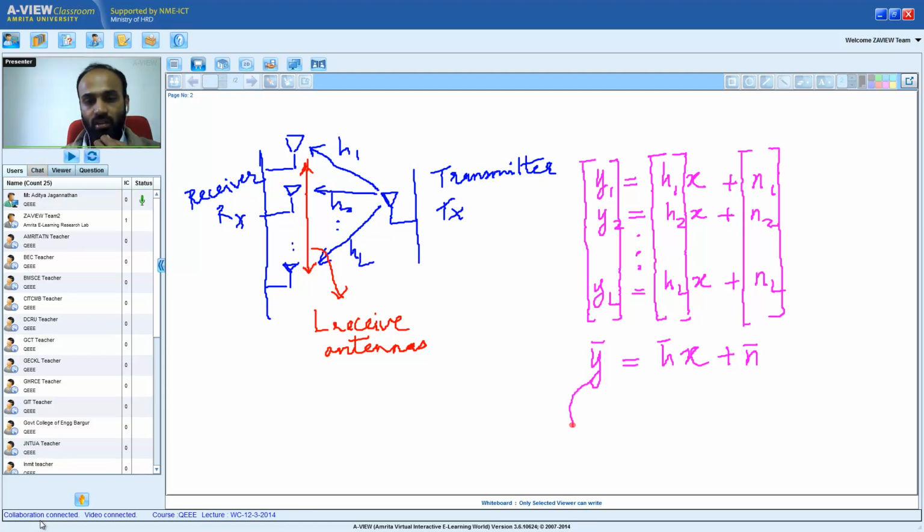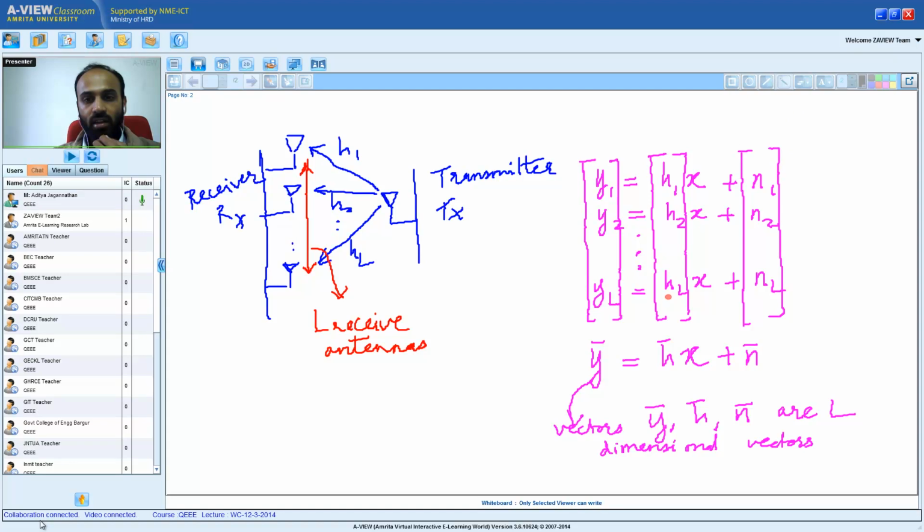So the vectors Y bar, H bar, N bar are L dimensional. These are L dimensional vectors, correct?